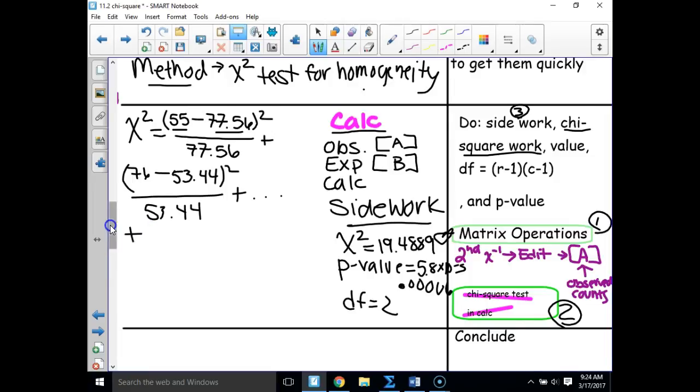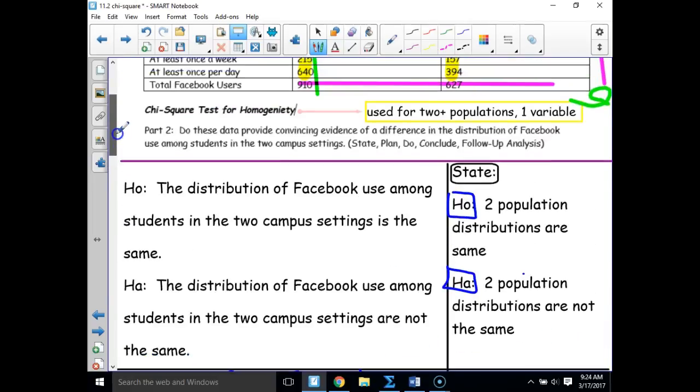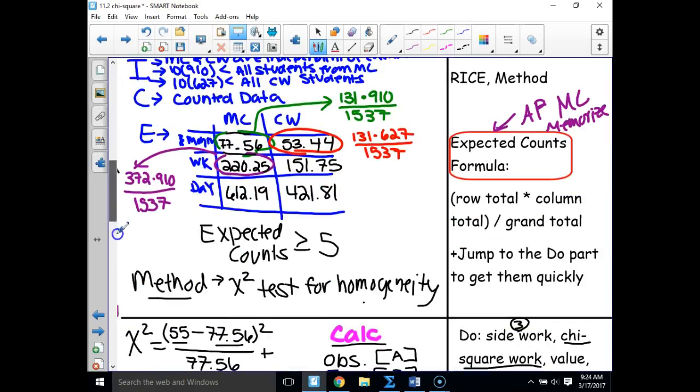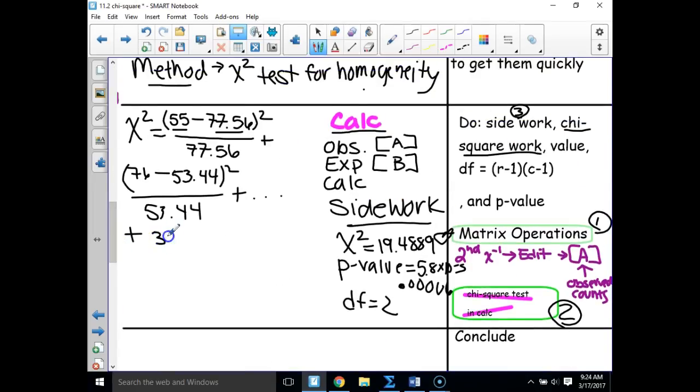Okay? Ladies and gentlemen, the last cell is 394. Minus, what's the expected for 394? Is it like 600 something? Or 421? 421.86. Something's going on with my smart board, sorry. Divided by 421.86.